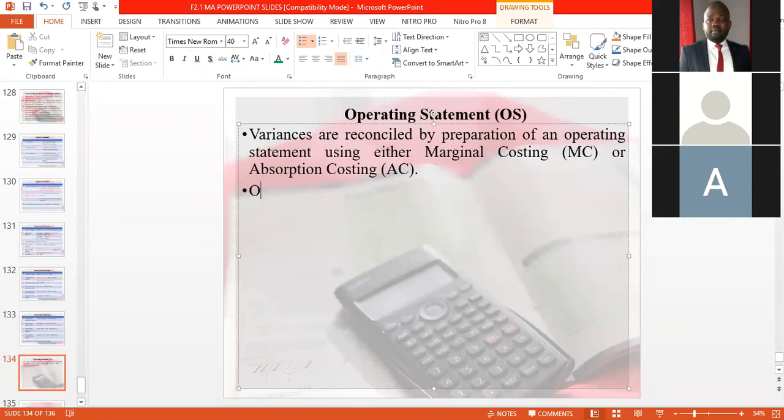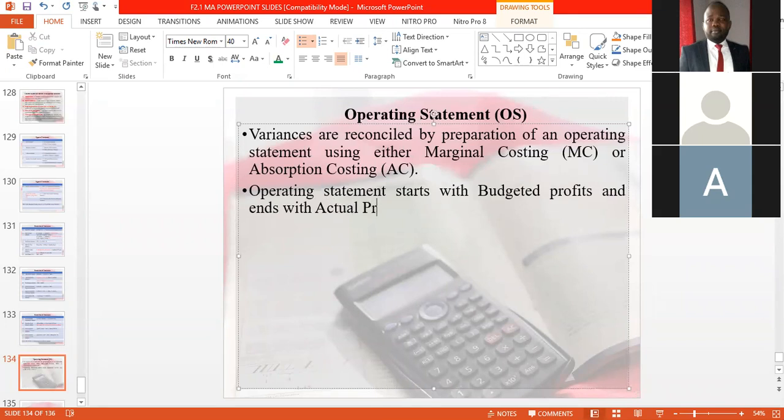So we can say an operating statement starts with budgeted profits and ends with actual profits.